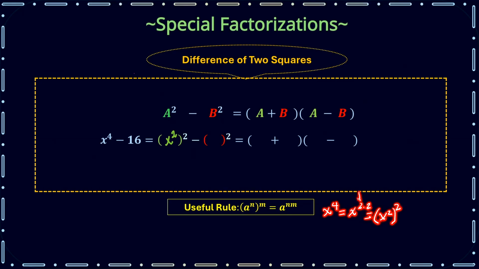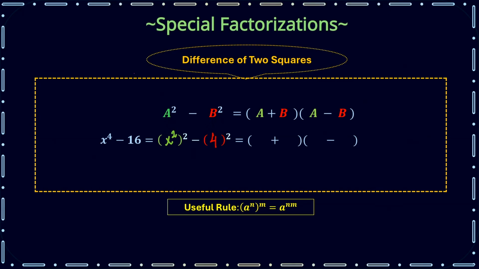The first 2 is the inner power and the second 2 is the outer power. That is how we write x to the 4. And 16, of course, is the square of 4. So we have our a as x squared and b as 4.